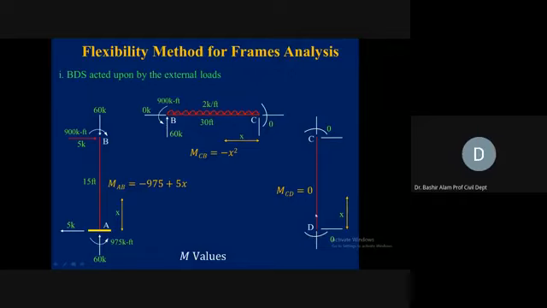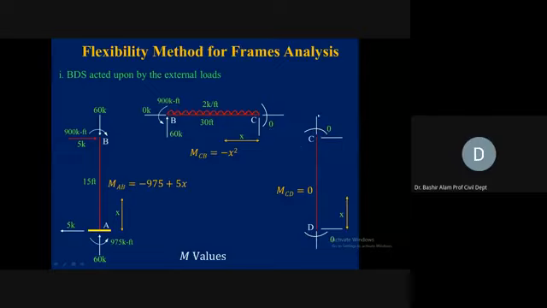We need to keep this member in equilibrium. So nothing in the vertical direction at joint B, so it means in between we don't have any load, so nothing is going to be balanced at joint C. So at joint C, the axial force is becoming 0, shear is 0, and bending moment is also 0.